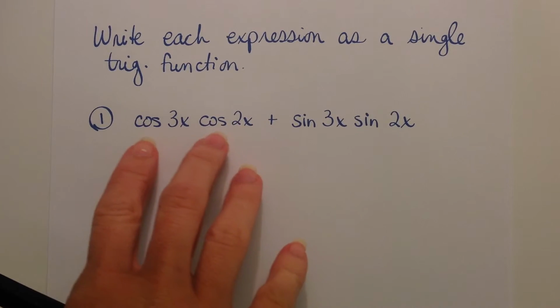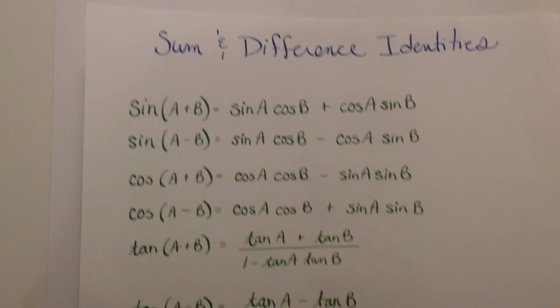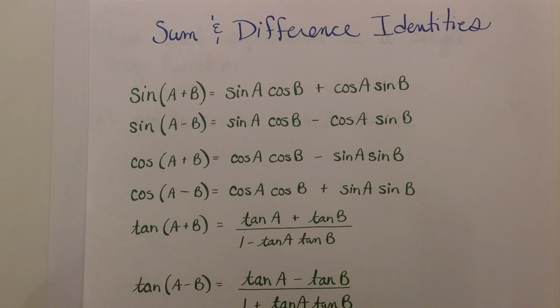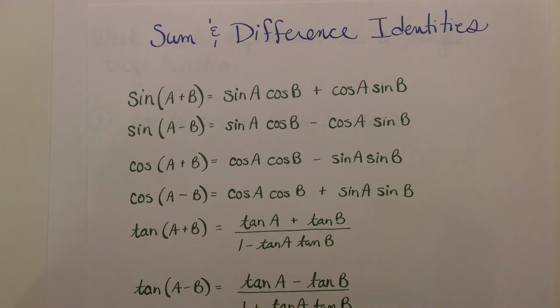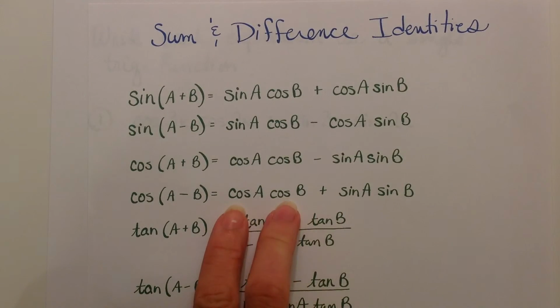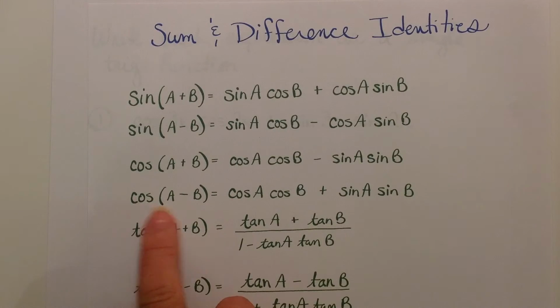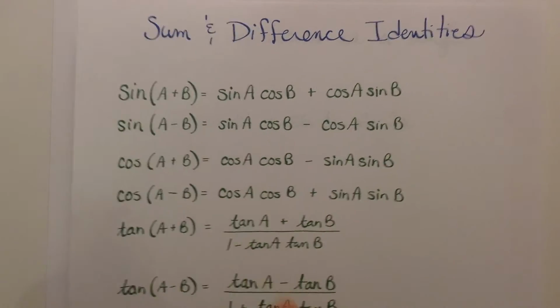The pattern that I see here is a cosine, cosine plus sine, sine. So if I pull up my identities and I'm looking for cosine, cosine plus sine, sine, that's this one. So this is going to be the difference identity for cosine.